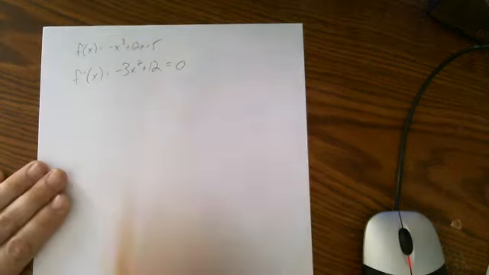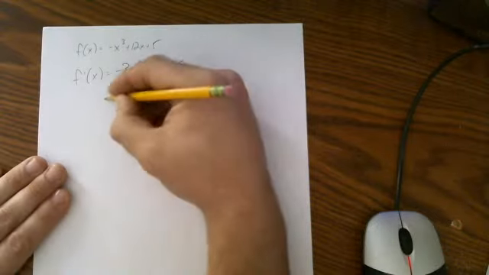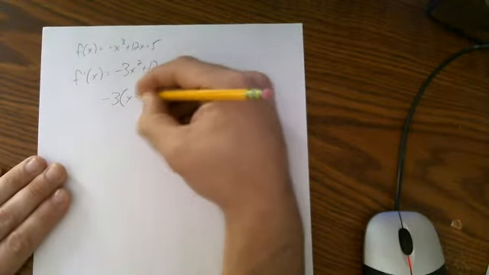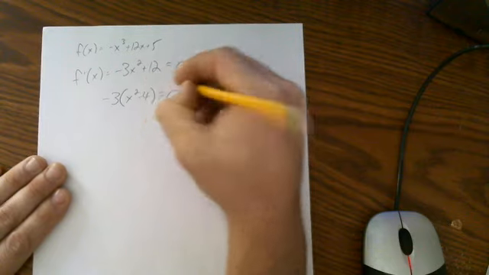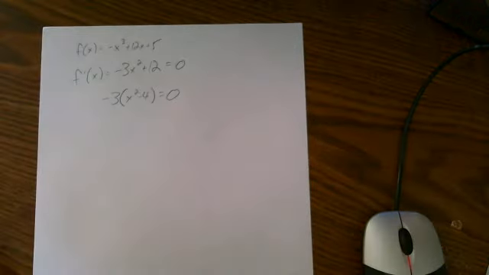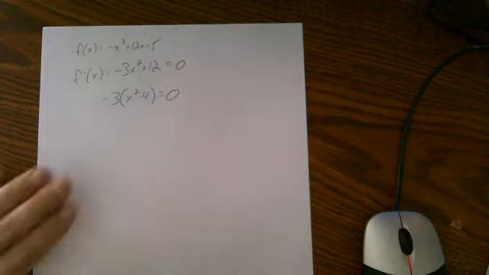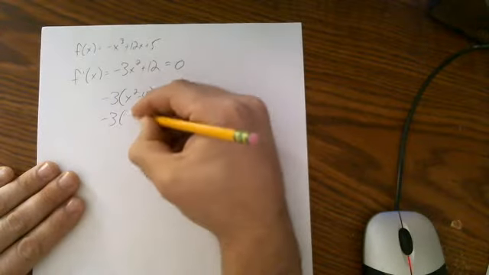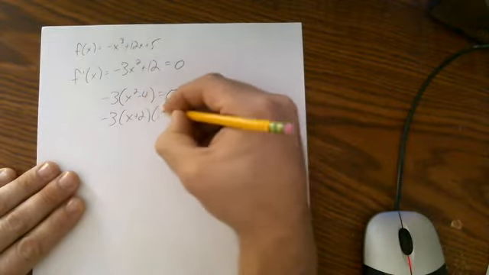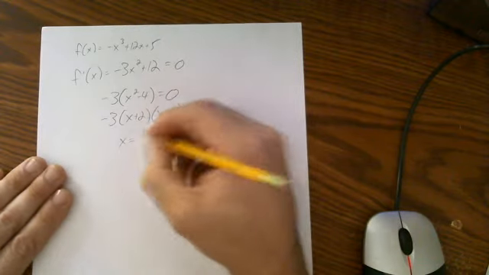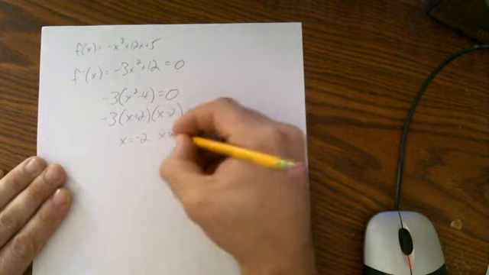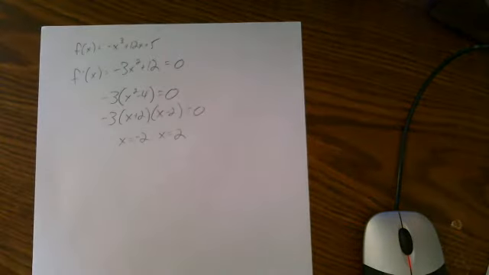Okay, so we have the first derivative is -3x squared plus 12. We're going to set this equal to 0 to find the critical points. Let's factor out a -3, which gives you -3 times x squared minus 4. X squared minus 4 is also factorable. So we have critical points of x equals -2 and x equals +2.